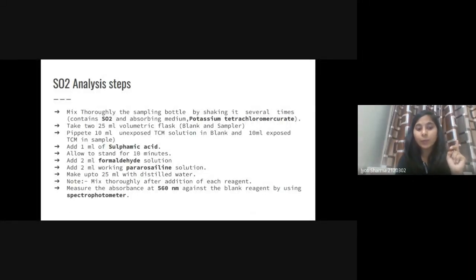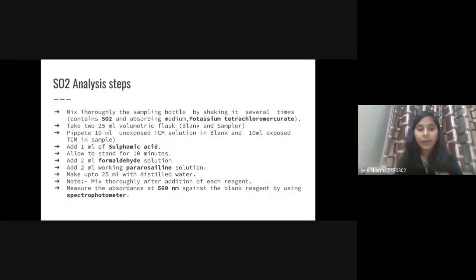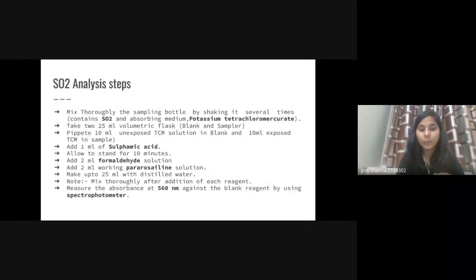Then you will add 2 ml of formaldehyde solution and 2 ml of pararosaniline solution, to form a complex and make some color. That color will give you the concentration of the sulfur dioxide.